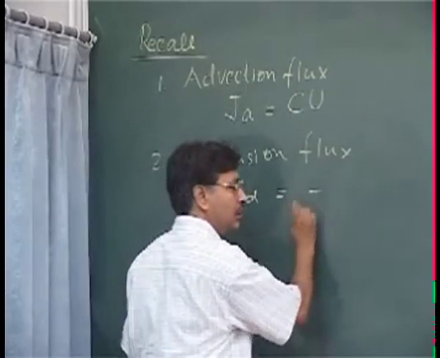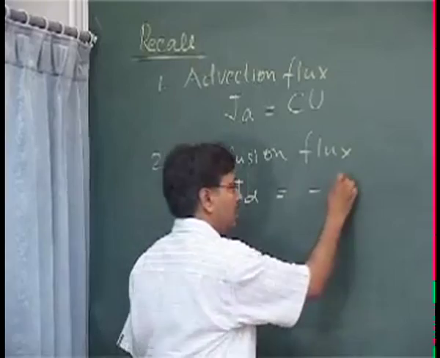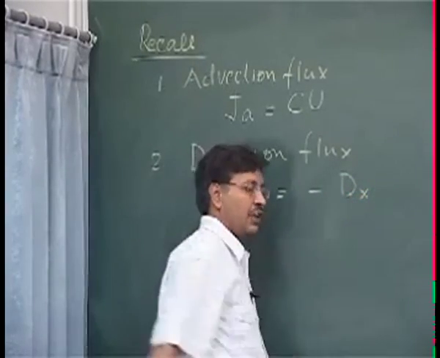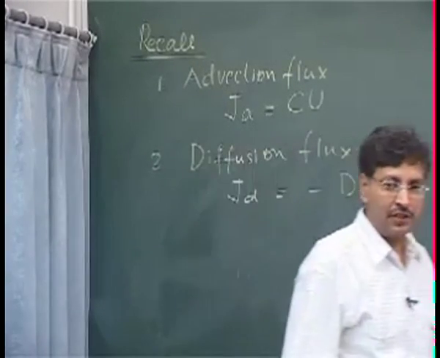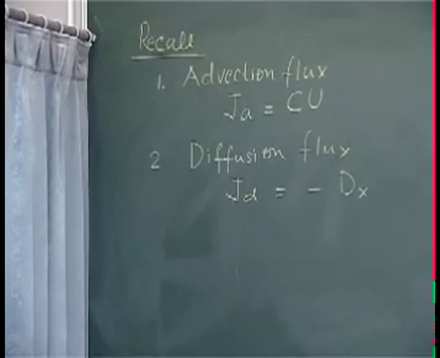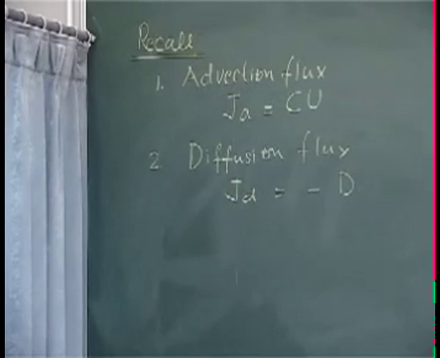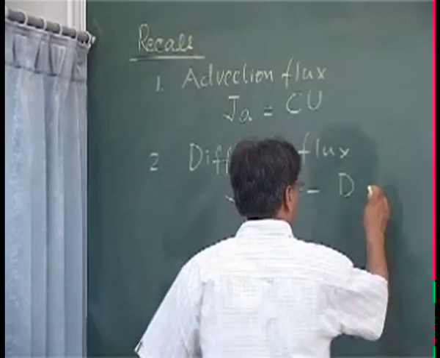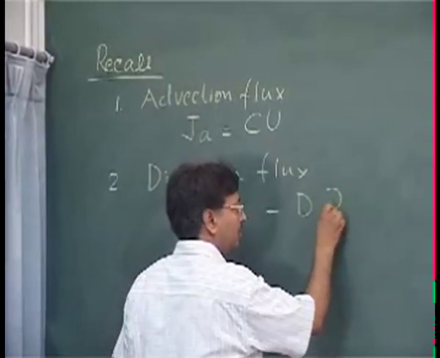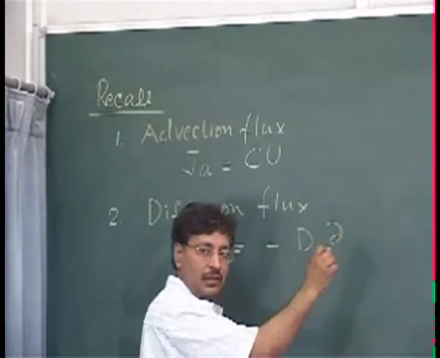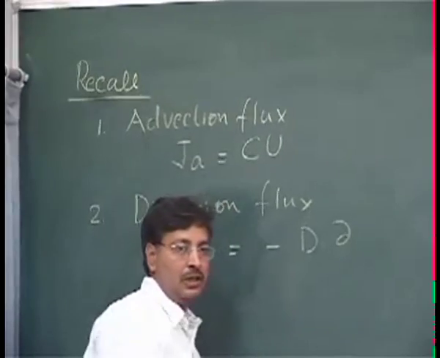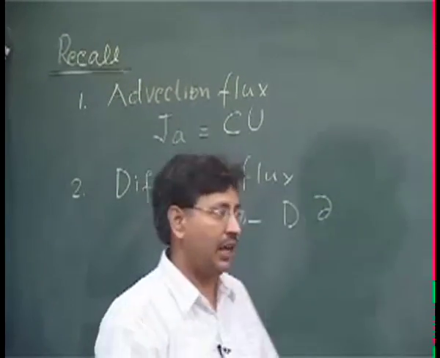That was negative diffusion coefficient. Did we say Dx or simply D? We'll write it D, then del C del x.